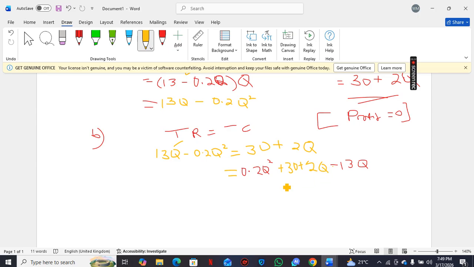We simplify. Here you have a 0 on this side, okay? We leave it as a 0 because we're forming a quadratic equation.